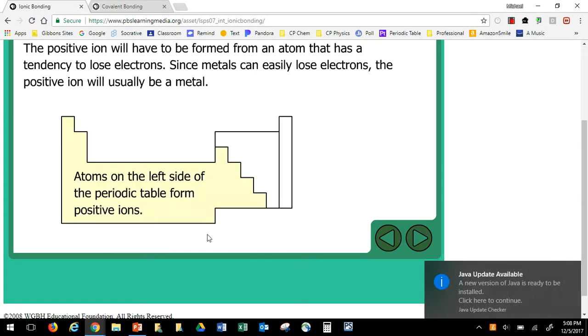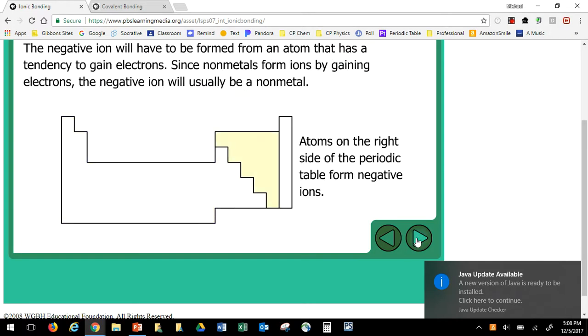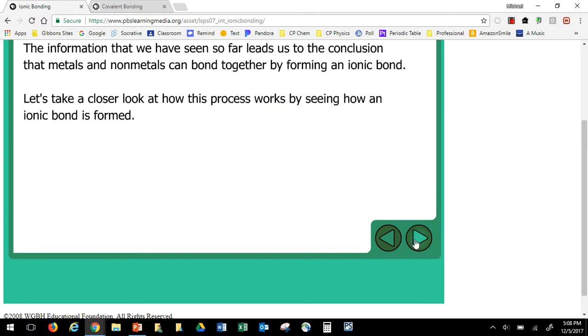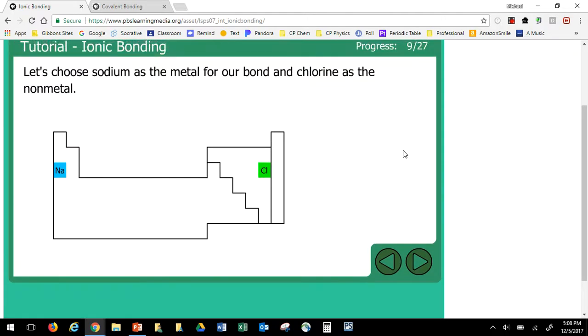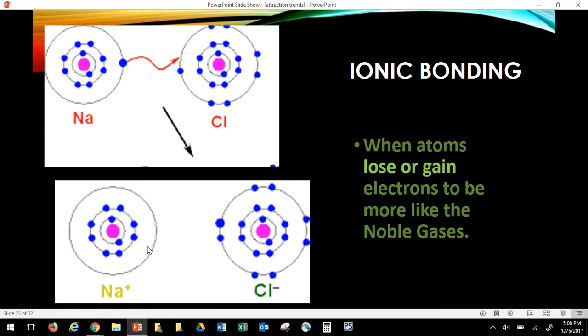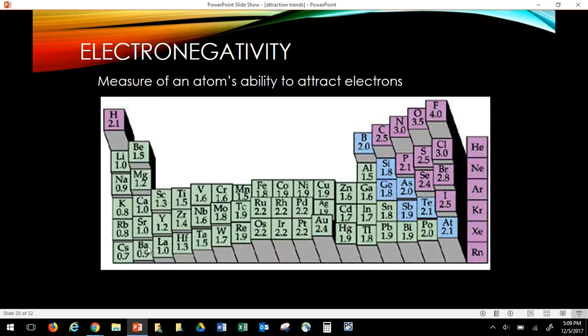And if we have metals on one side of the periodic table and nonmetals on the other side, the reason that they bond together in this ionic fashion, in this sort of hostile takeover of an electron, is because of the electronegativities of metals versus nonmetals. Most of the metals are very low and most of the nonmetals are very high.